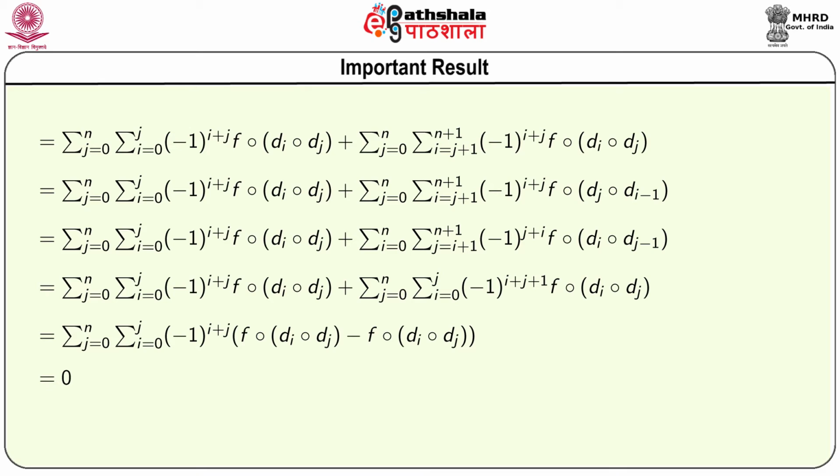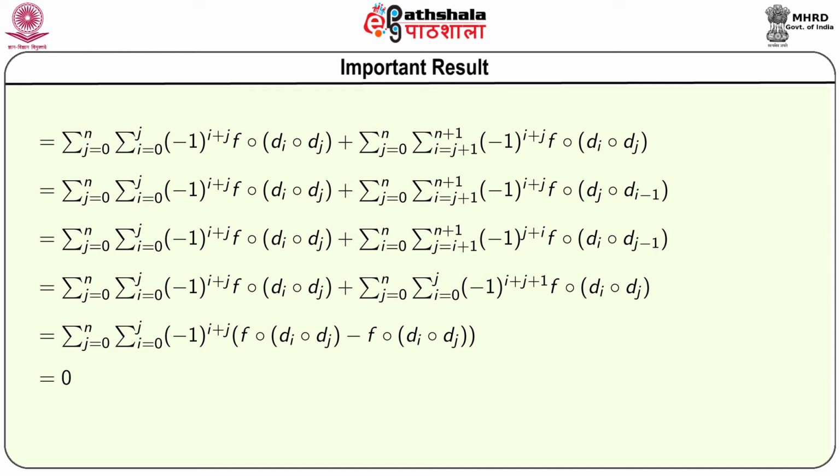Now, if we go through these expressions, these are very simple deductions from the previous step, and finally we obtain the summation j equal to 0 to n, summation i equal to 0 to j of (−1)^(i+j) of f∘di∘dj minus f∘di∘dj.